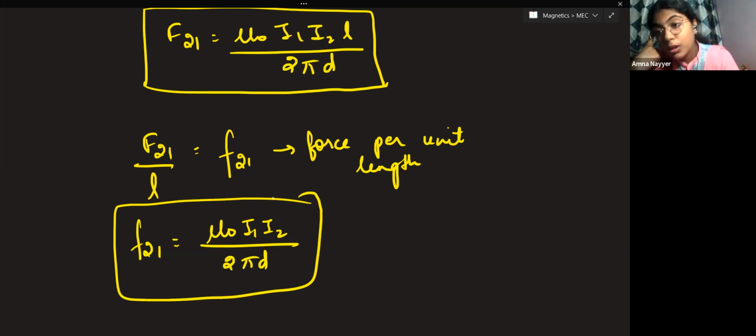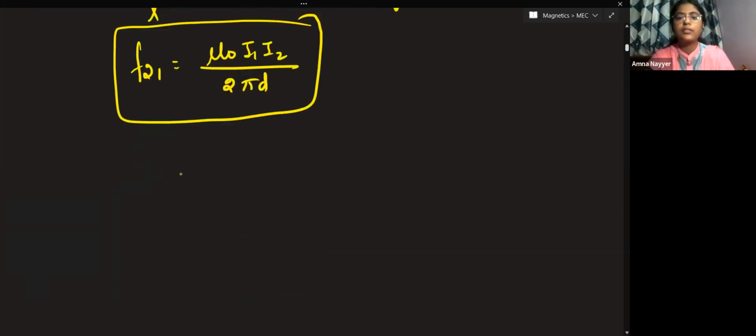In that case, don't put the value of length again in the formula, because it is assumed that the force is already divided by the length. So this is the force per unit length on the second conductor due to the first one. If the force on the first conductor due to the second one is asked, it is the opposite. So remember, F21 will be the negative of F12.